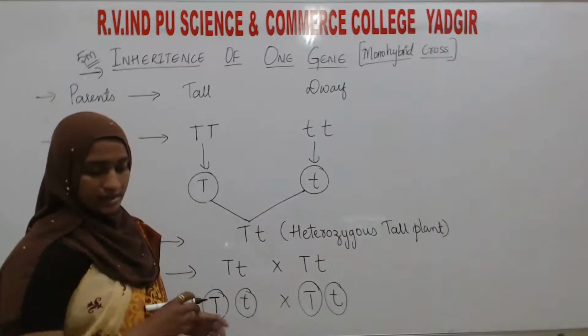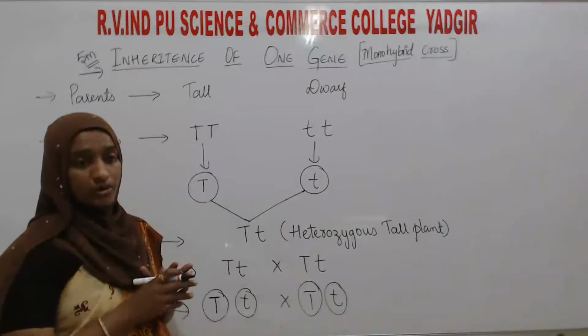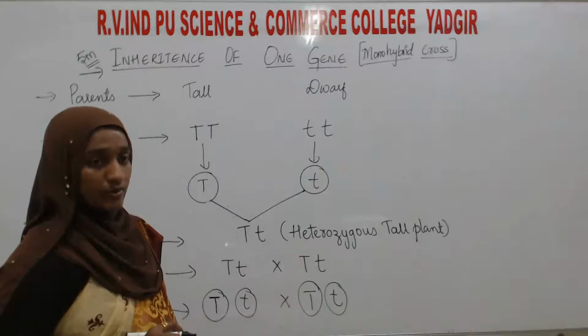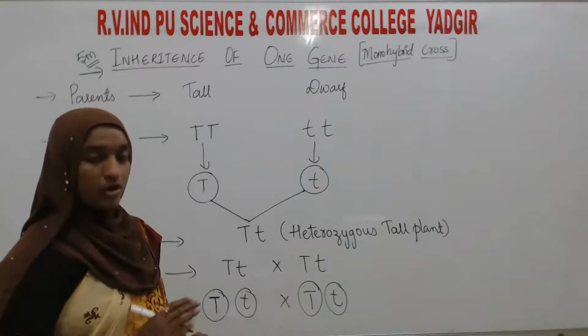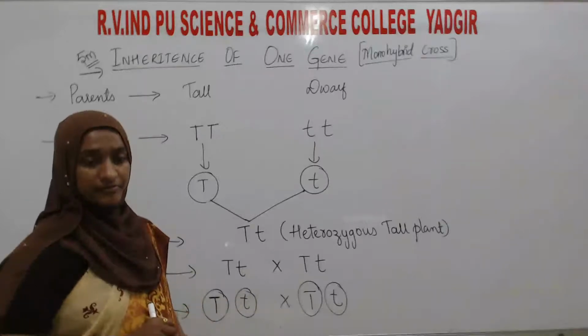Okay, so again, next thing, here we use a checkerboard, that is the Punnett square checkerboard. By using that board, we have to cross all these gametes. How?